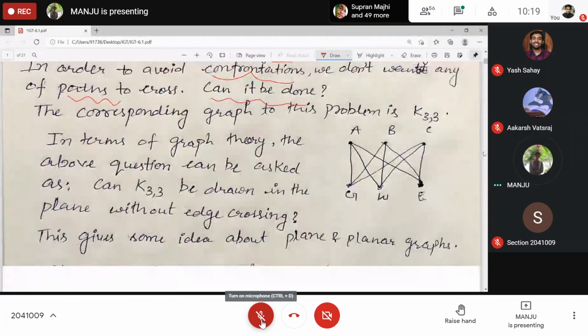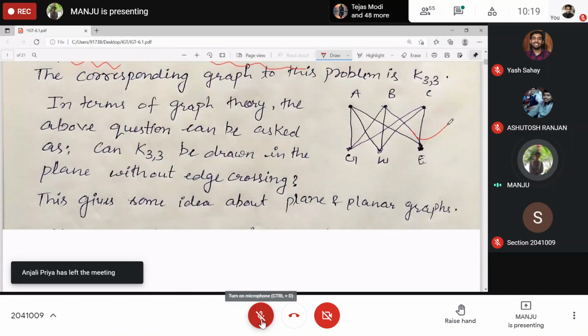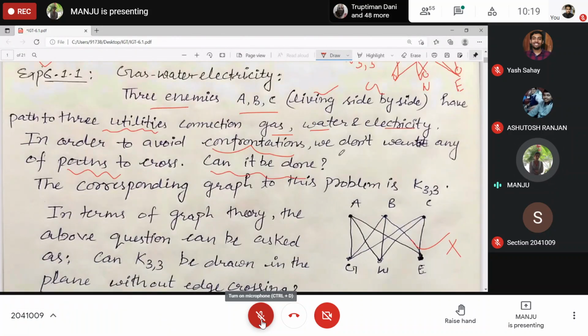This is the graph, and it cannot be drawn as a plane graph. That's why it is not planar, and this problem cannot be solved. They have to face each other; they cannot avoid confrontation.